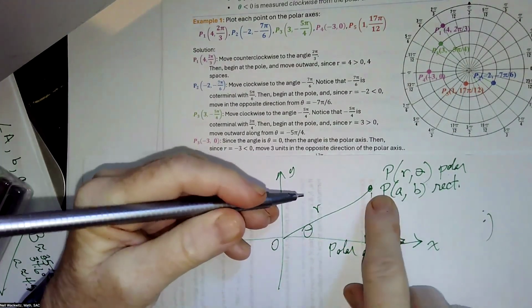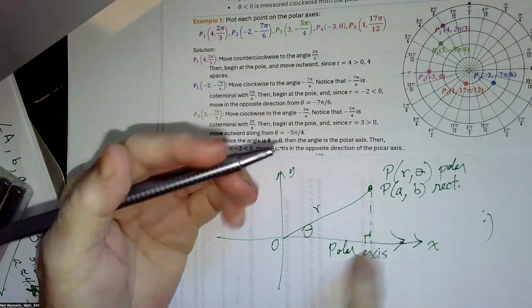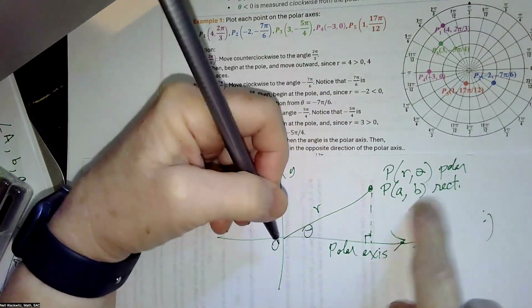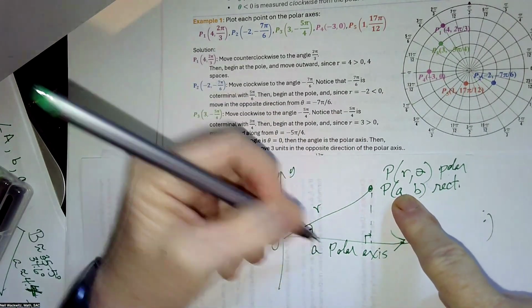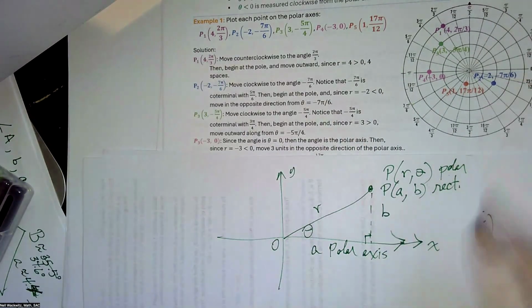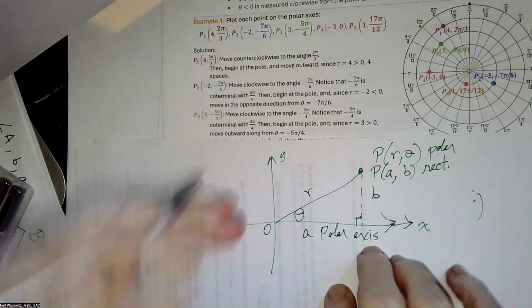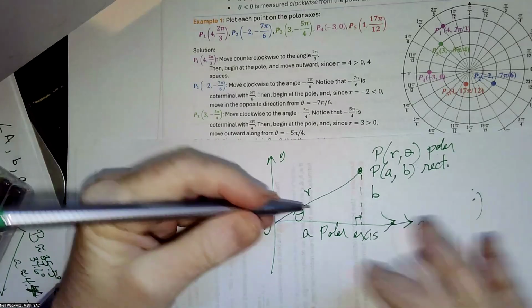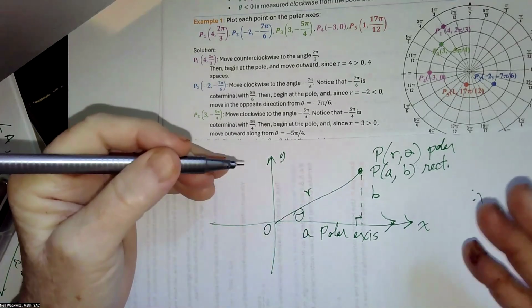And I know the position of a point in rectangular coordinates. The horizontal distance is little a, the vertical distance is little b, because that's how we find a point. But now we have a right triangle with everything filled in, and we can write any of these parts in terms of the others.